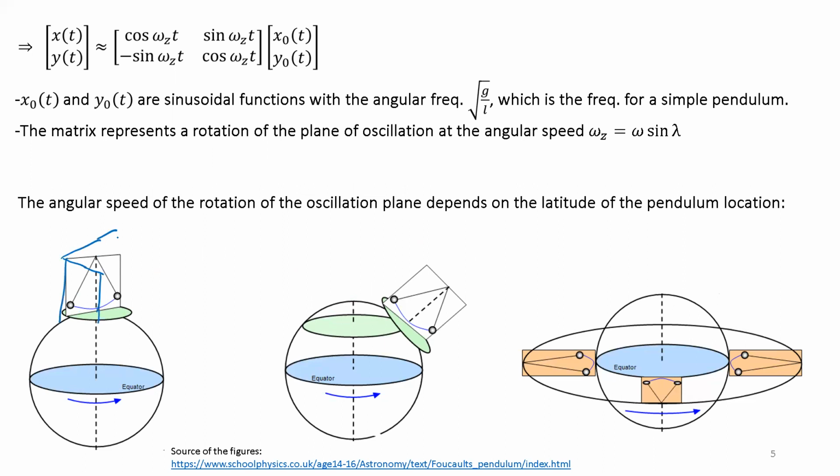So this is a building, and this is the point where you fix the string for the pendulum. Then the building itself is actually rotating with the Earth, and that means the ceiling of the building is rotating.